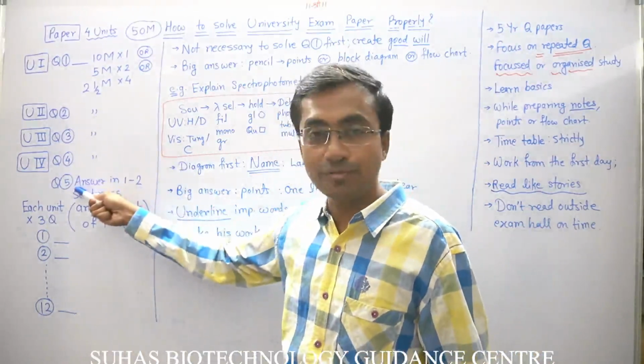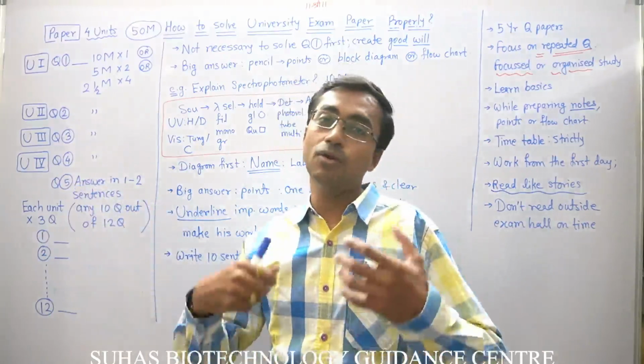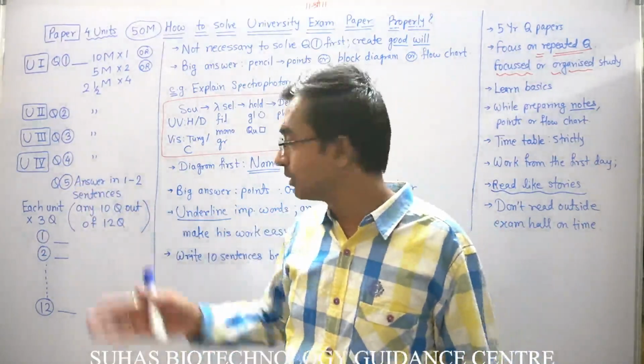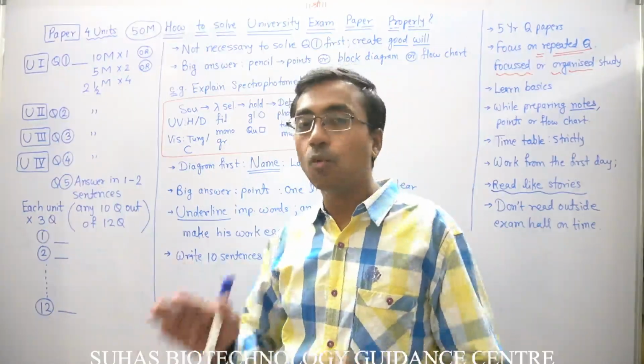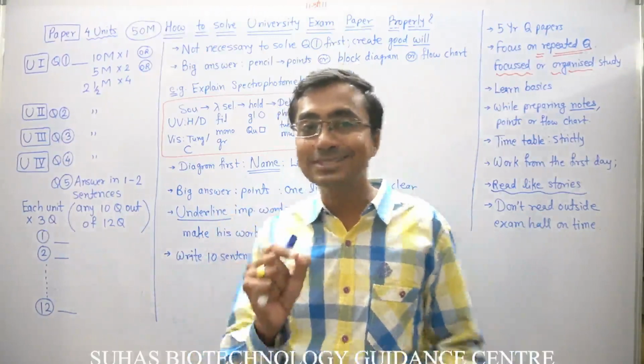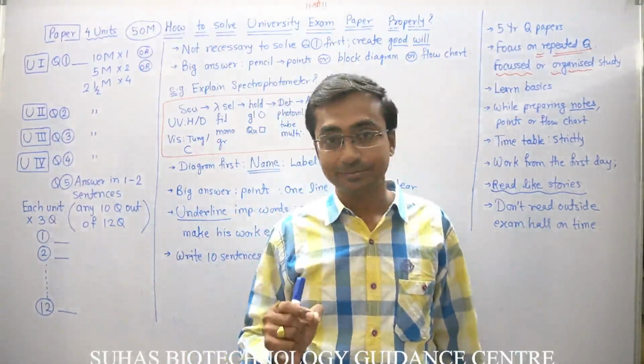Then I will go for question number 5, where there are 10 questions, but if I know the answers of only 6, I will solve those 6 questions and write their answers. What I have done is write the answers of those questions which I can do well.